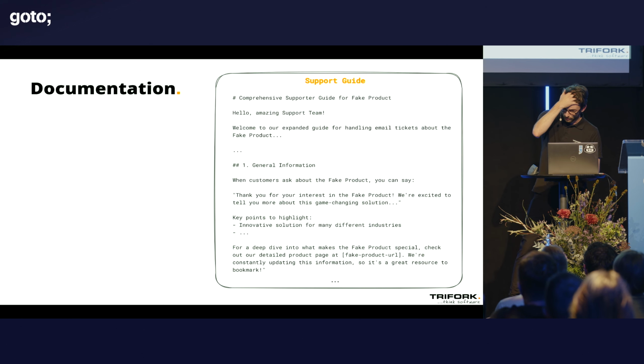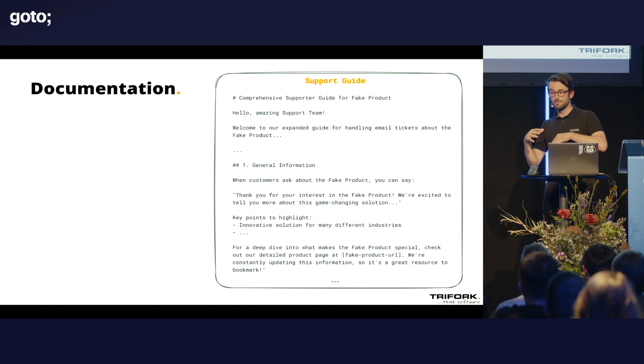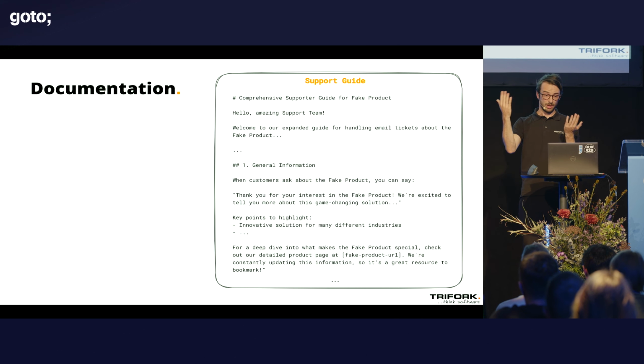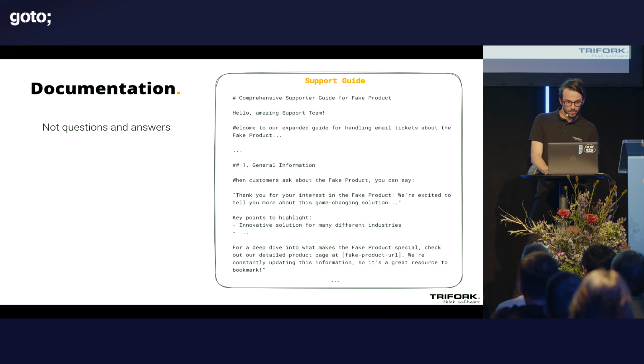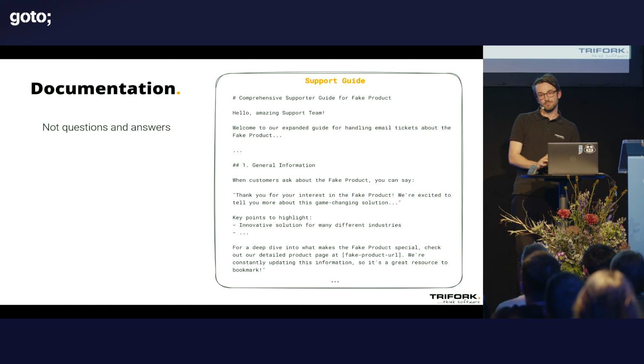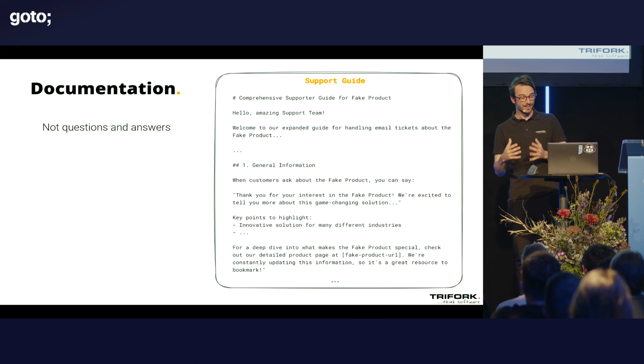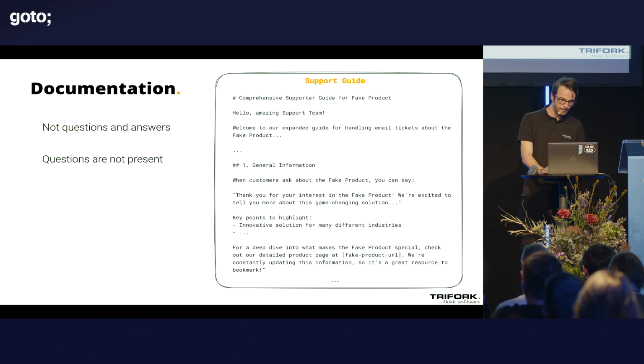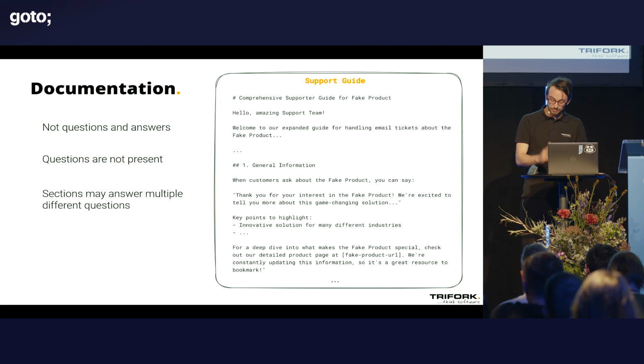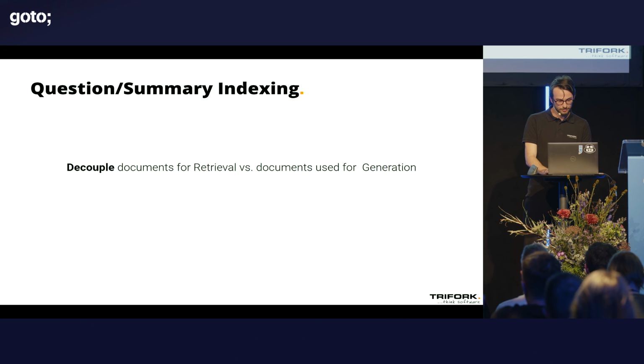Here's an example of the support guides now. Basically, it's just sections, and when they ask about this, you can talk about this and this and this. So there are actually multiple questions in each section that can be answered. It's not questions anymore, which makes it harder to search for the right answers. And there are multiple different questions.